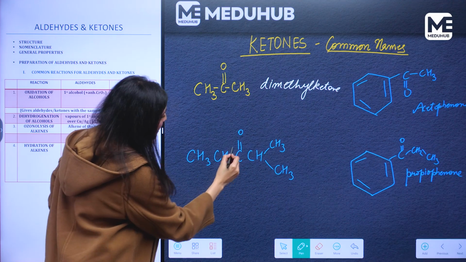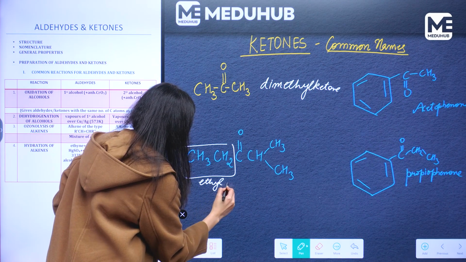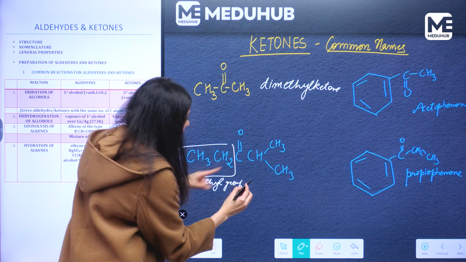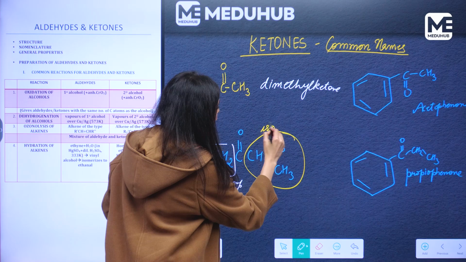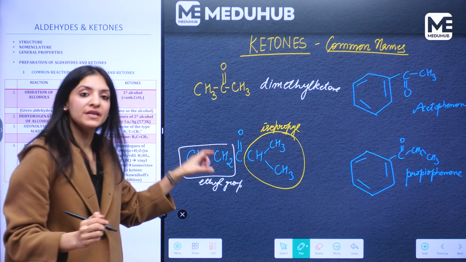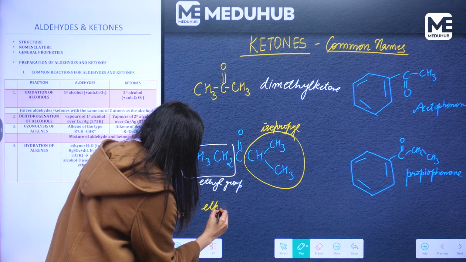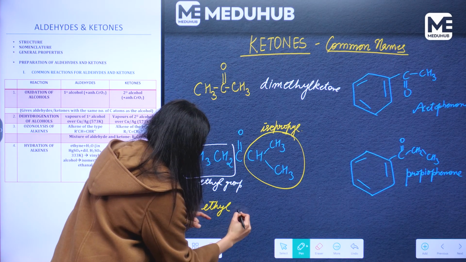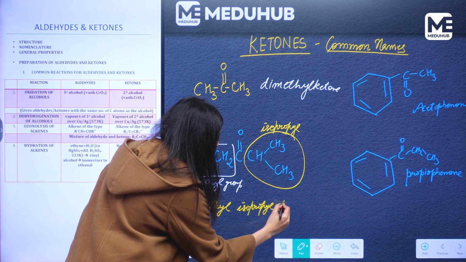Looking here, we have an ethyl group here, and this group is an isopropyl group. So, this will be a mixed ketone. This will be called ethyl isopropyl ketone.